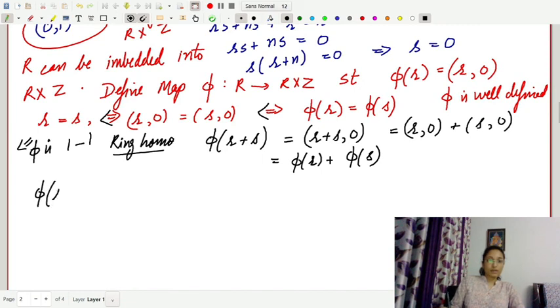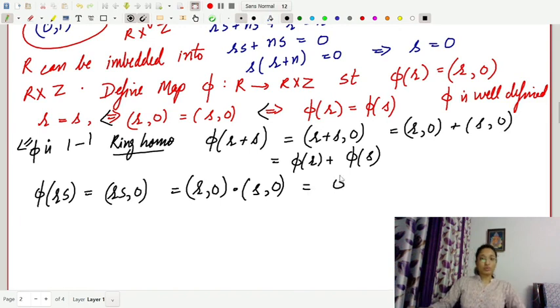And now phi(rs) is equal to (rs, 0), which in turn implies (r, 0)·(s, 0), which is equal to phi(r)·phi(s). Hence phi is a ring homomorphism and phi is 1-1. Therefore phi is an embedding map.